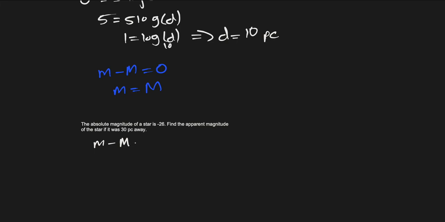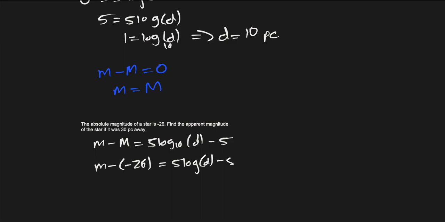Apparent minus absolute is equal to 5 log d minus 5. And the absolute magnitude is negative 26, so m plus 26 equals 5 log d minus 5.